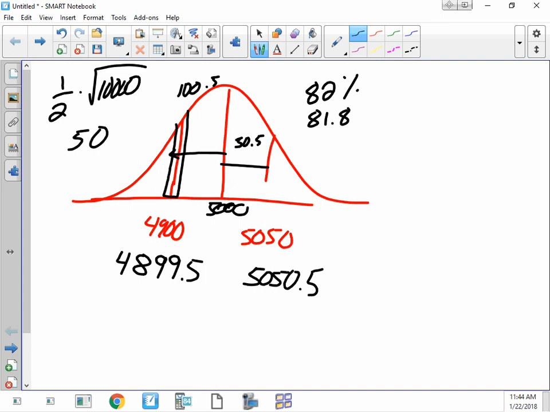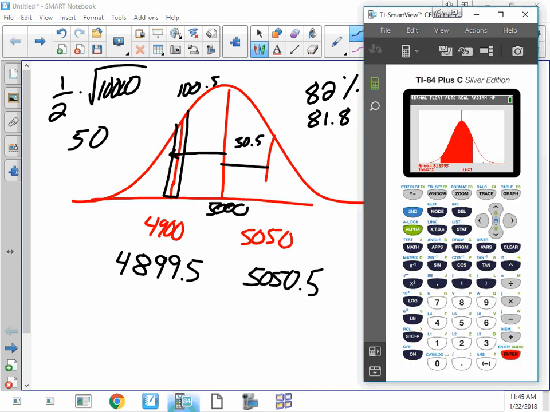So 4,900 heads or fewer. What would you plug into your shade norm? So let's clear the draws. So we're going to go from negative 5, or that number, up to, do we want to include 4,900? It says 4,900 or fewer.